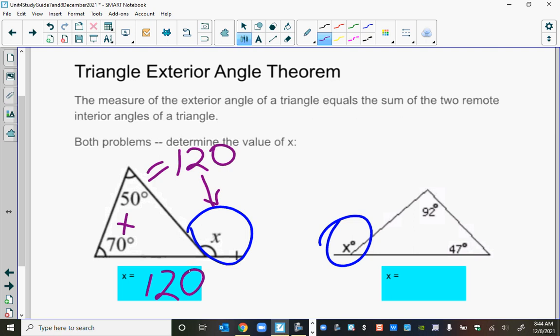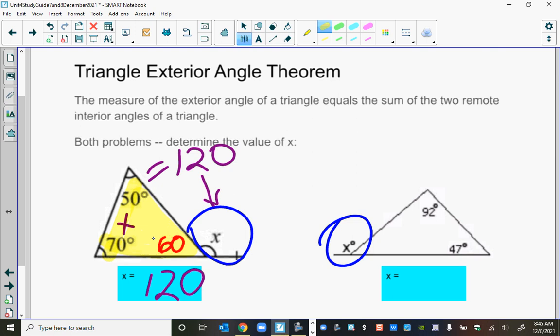Now, the reason why that one's going to be 120: what must this angle be? It's going to be 60. The one inside is going to be 60, because remember, the sum of the three has to add up to 180. We agree to that, right? That adds up to 180, so this angle has to be 60.